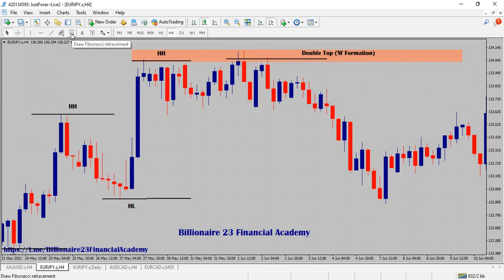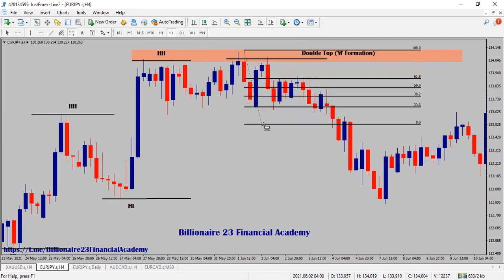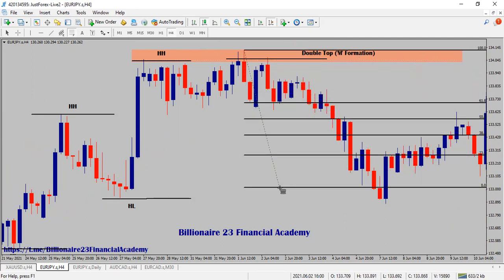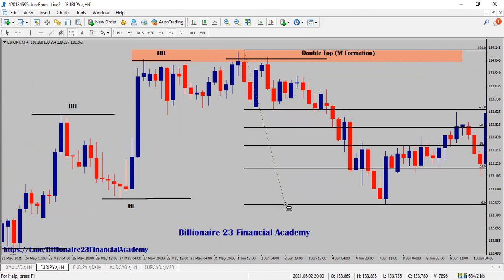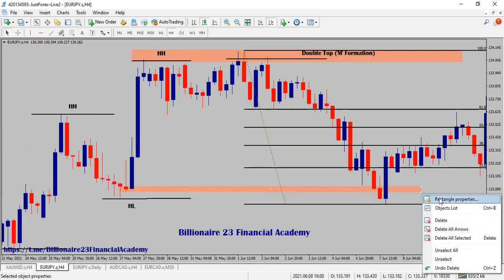So you just click on your fib tool, you plot it from the highest point, and you go all the way down to the lowest point, or to where the change in trend occurred. This is where the change in trend occurred.